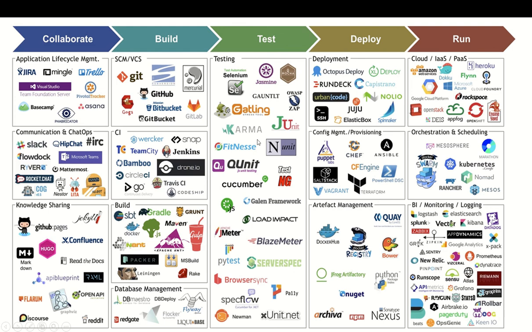Let's discuss after this. So these are the tools. Maybe we won't be using all of these tools, but when we learn, we'll be using one tool from these to complete the complete CI/CD pipeline.